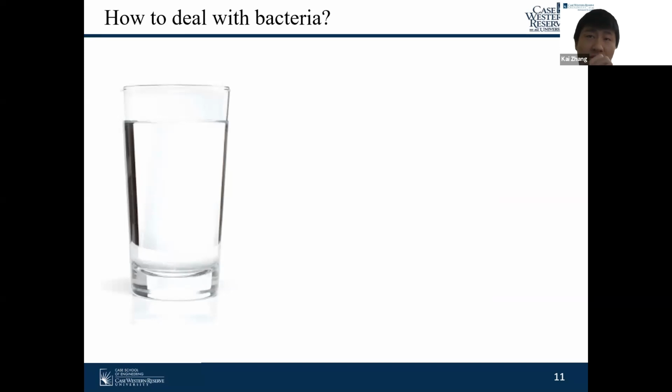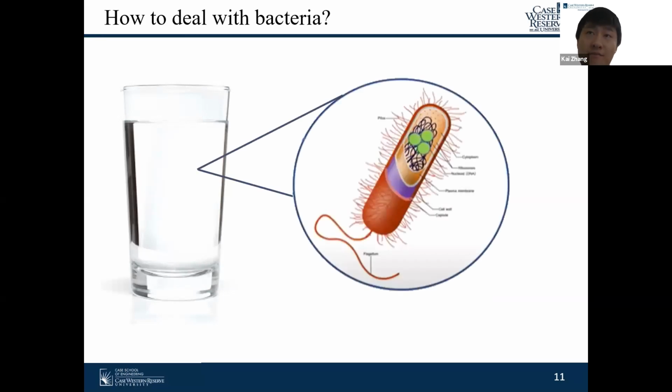And I guess in the age of COVID-19, we paid a lot of attention to the virus, to the microorganisms. So when you have this crystal clear water, I guess we would like to know whether there are some microorganisms.